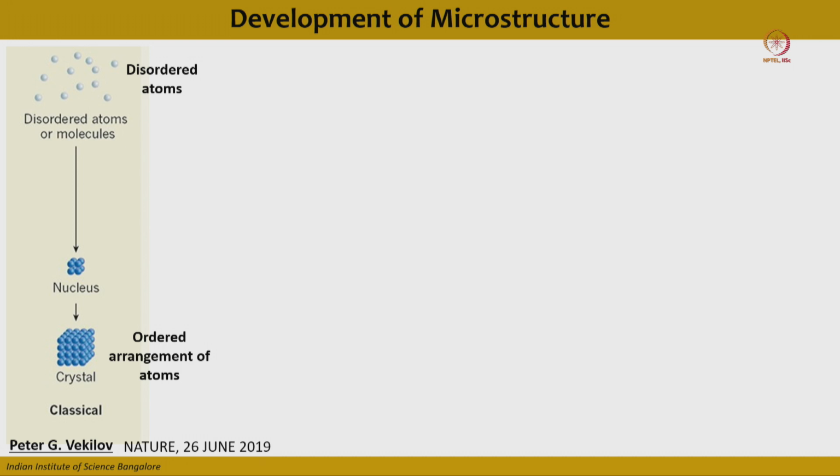So now what I will do is briefly explain how a microstructure develops in a particular material. Fine. So if you consider these atoms, which are arranged in a disordered fashion, for example, if you consider these as a liquid, and every element has a certain melting point, correct.